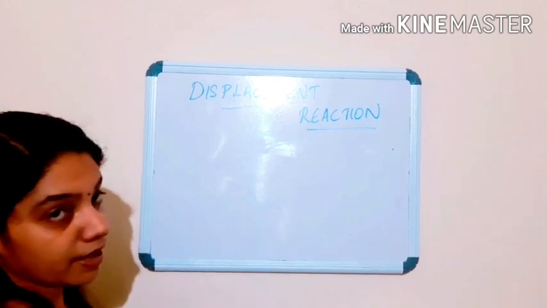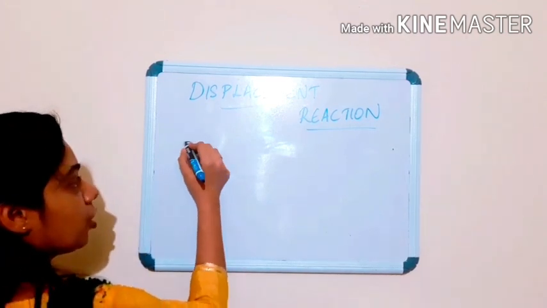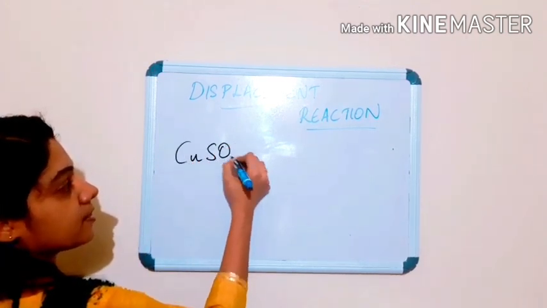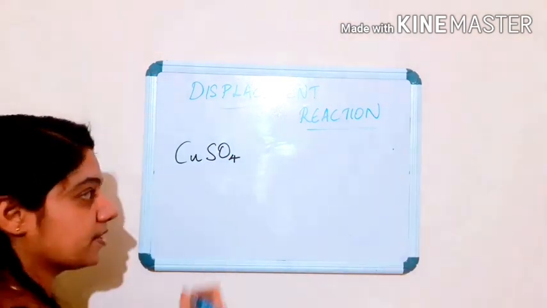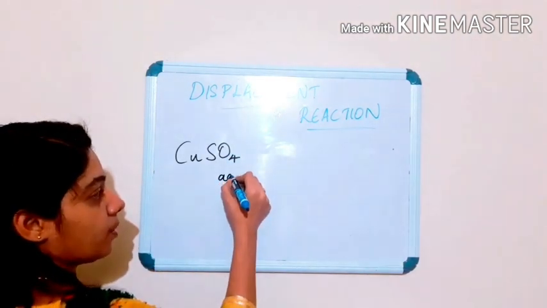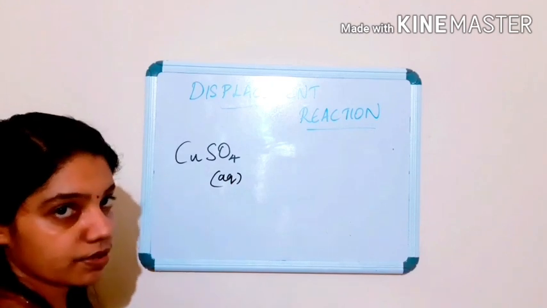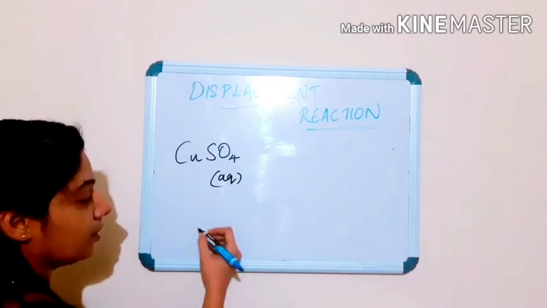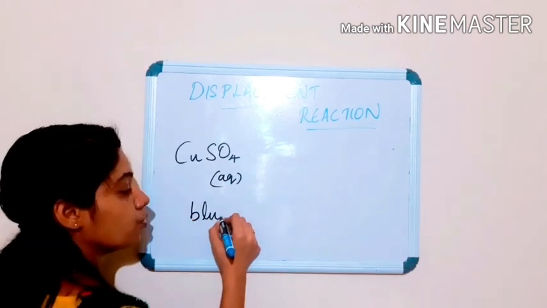The first example that we are going to study is the copper sulfate solution. Copper sulfate is in the liquid state, an aqueous solution. We know that copper sulfate has a blue color.